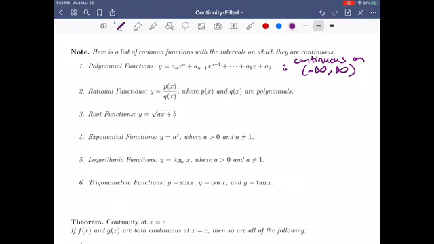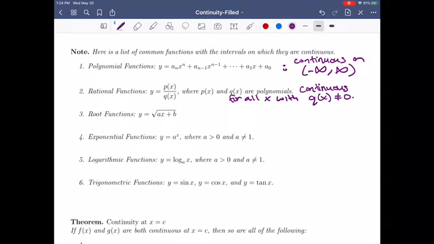Rational functions, a polynomial divided by a polynomial, are also continuous everywhere except where the denominator is 0. So continuous for all x where q of x does not equal 0. As long as the bottom isn't 0, these are continuous at every other point.